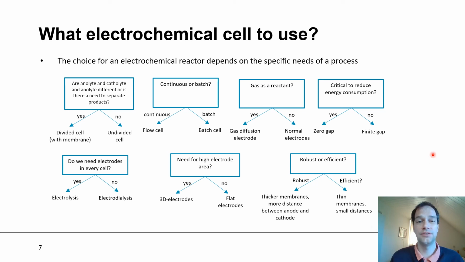So these just give you some general indications to help you in selecting the most suitable cell for a process. But as said, it's a lot of common sense using your electrochemical expertise to design the cell.